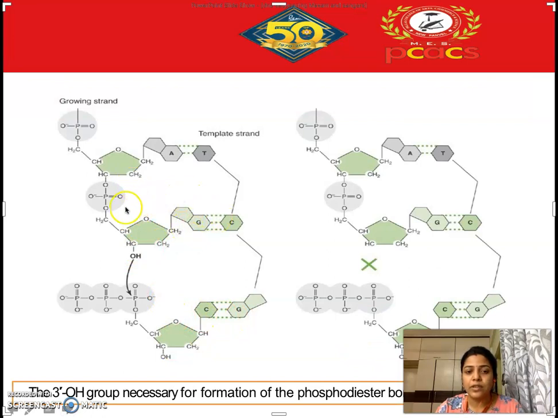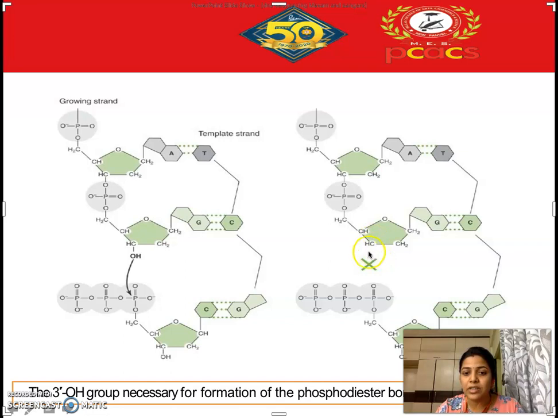And because of this, you can see the reaction over here. So if this is a normal GTP, GMP gets added in the chain. Now the next particular molecule that comes into picture is a CTP. When CTP comes, it requires this free 3' OH group to attack this particular phosphate group so that the phosphodiester bond is formed. But now, in this case, instead of a GMP, a ddGTP got added.